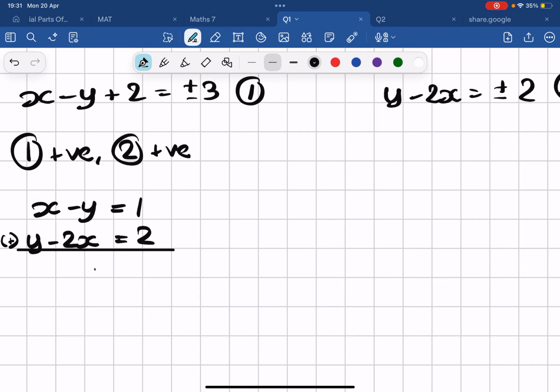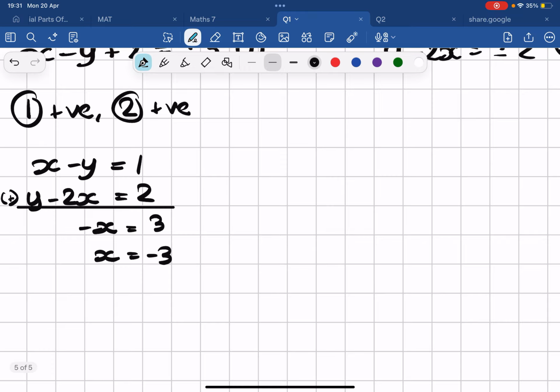So we have minus x equals 3, therefore x equals negative 3, and if x equals negative 3, then y would equal minus 3 add 4, y would equal 4. So that's one pair of solutions. Let me just check that works in our second equation here.